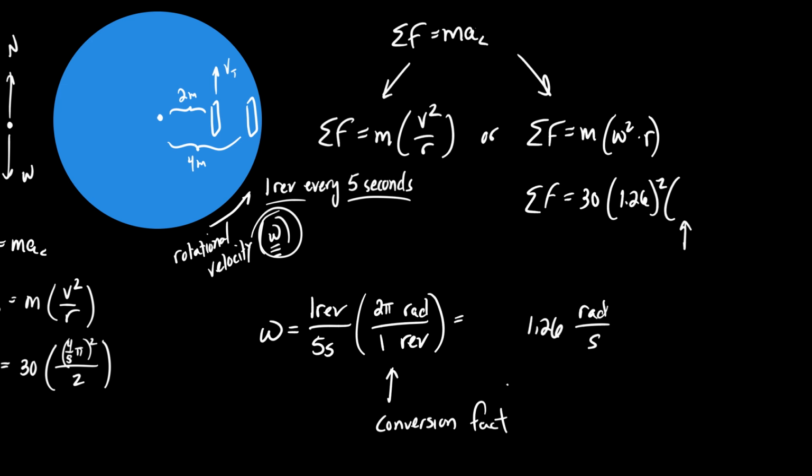So for the inner kid, 2 meters, and for the outer kid, 4 meters. Or just realize the outer kid is going to be twice as far away, so it's twice as much force.